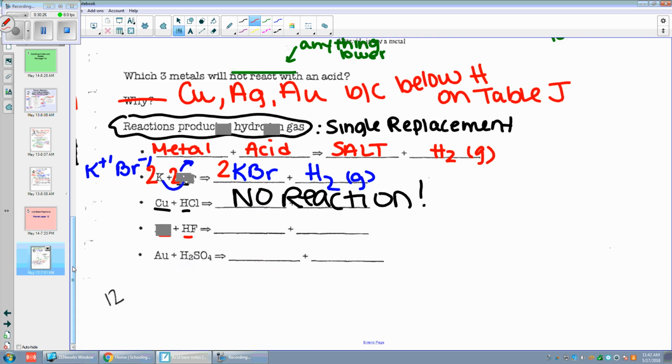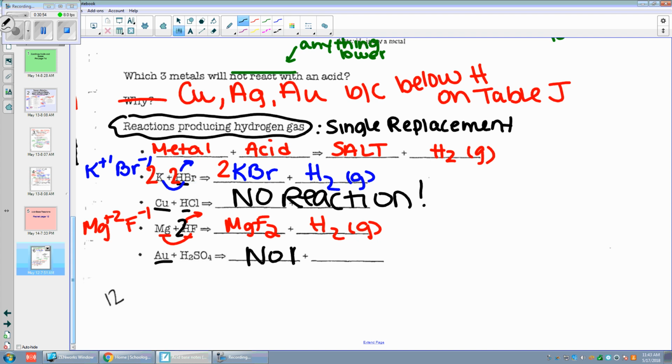So I say, okay, I know I'm making H2 gas because I always will. The Mg and the H are going to switch. Mg is plus 2. F minus 1. Crisscross. MgF2. That's my salt. And I gotta just put a 2 here. And I'm good. Last one. Au and H2SO4. Au's lower. No reaction. Woo! We made it.